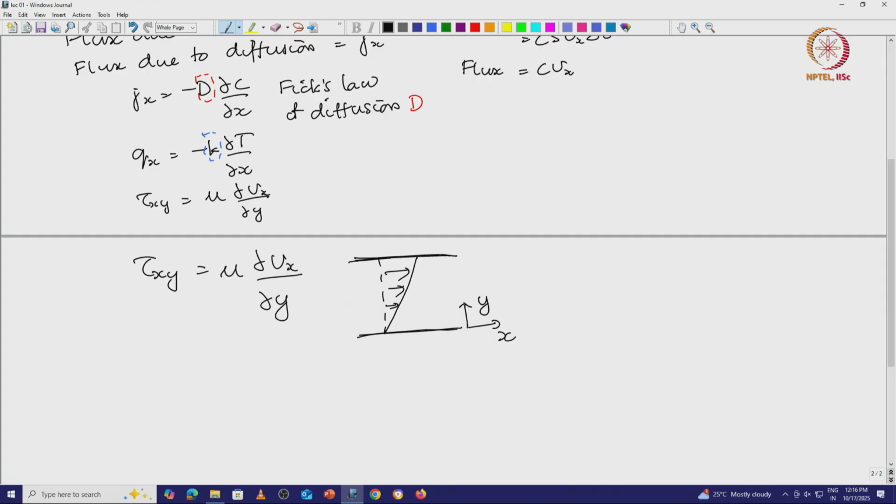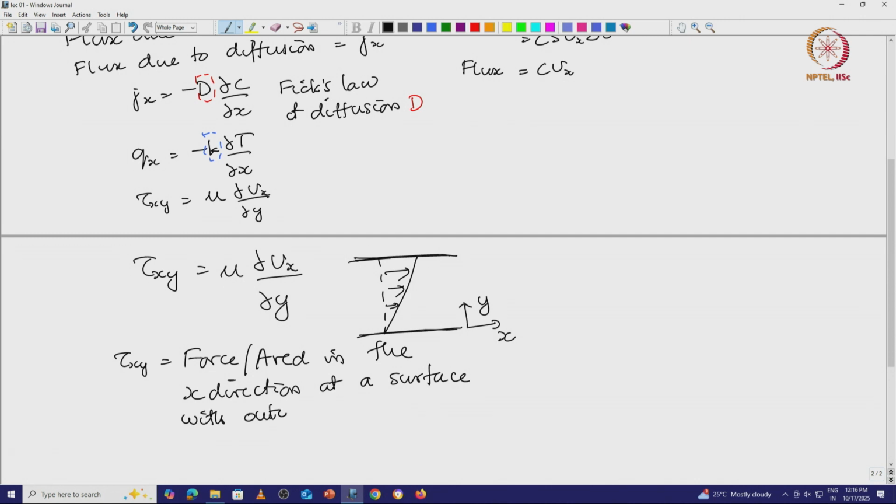And here tau xy is defined as force per unit area in the x direction at a surface with outward unit normal in the y direction.